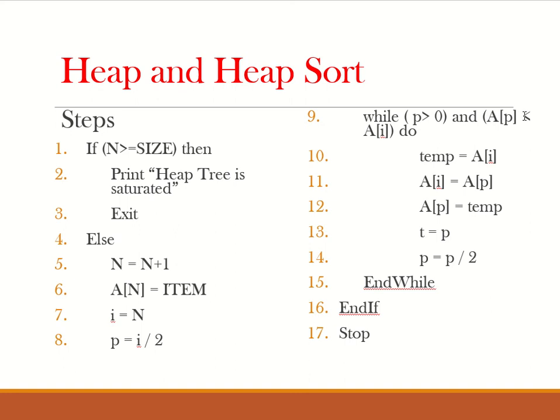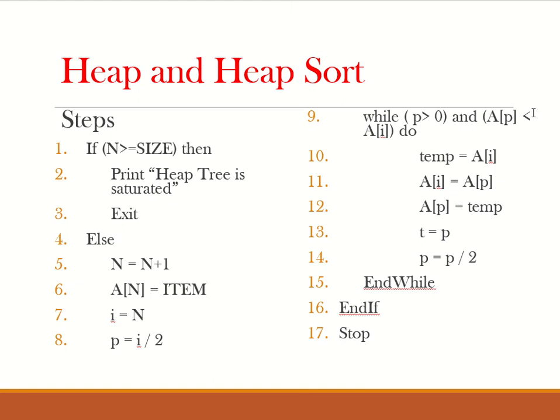So you compare a of p and a of i. If a of p is lesser than a of i, you have to swap. Sorry, a of p less than a of i, you don't have to take equal to, because equal to is acceptable.